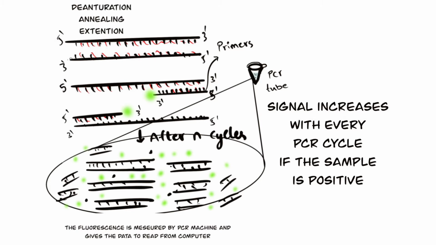Even if the person is positive, it won't show the signal because there are no specific primers to that particular strain, so even a positive person can be shown as a negative COVID-19 person. So you have to be extremely careful in designing primers and choosing them for a particular strain.